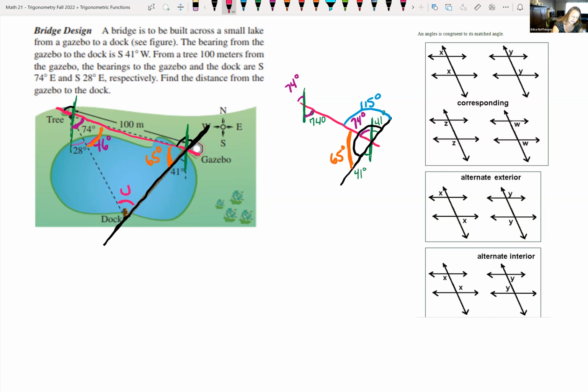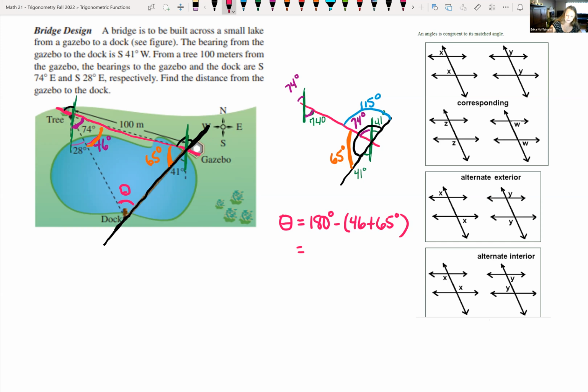So theta is equal to, you know, the sum of a triangle is 180 degrees. So 180 degrees minus 46 plus 65. So 46 plus 65 is 111 degrees.